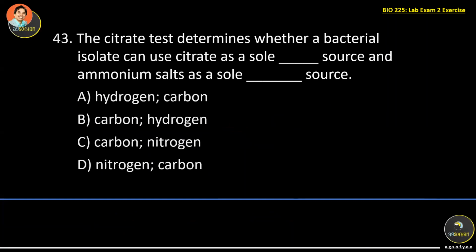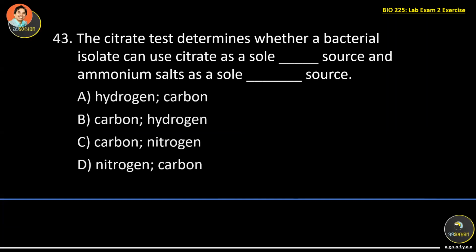Another test is called the citrate test. It determines whether a bacterial isolate can use citrate as a sole carbon source, and ammonium salt as a sole nitrogen source. Okay, what is that? A, B, C, or D?